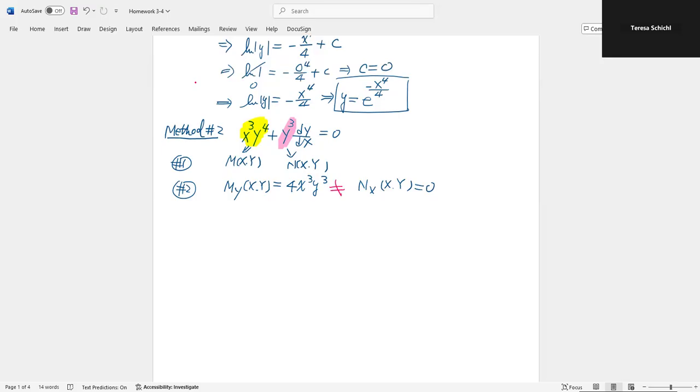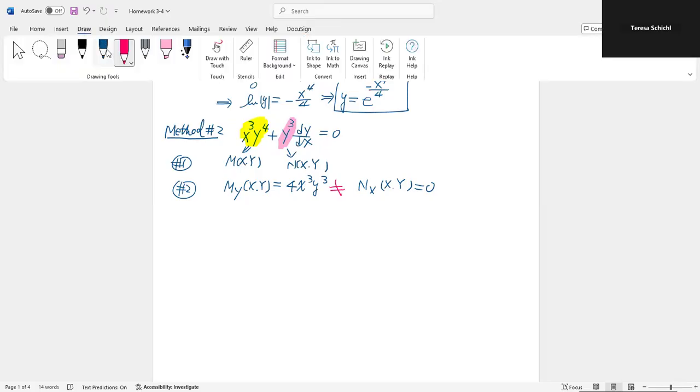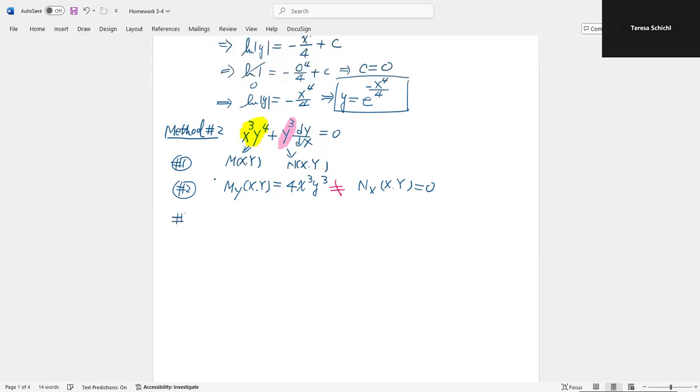So if these two are not equal, we cannot apply exact differential equations here. So now our next step, because they are not equal, I need to find the integrating factor.